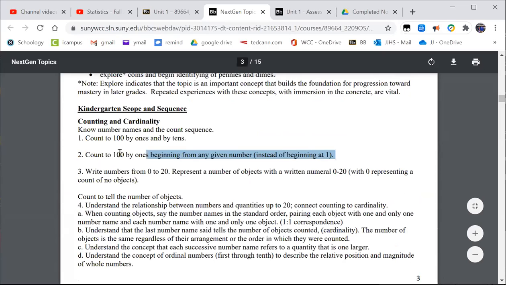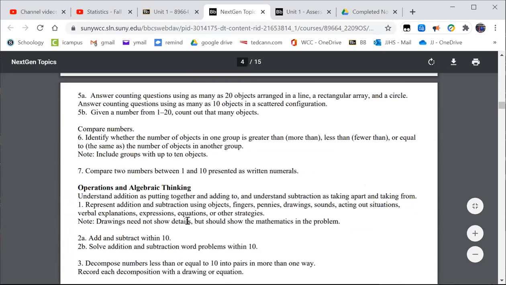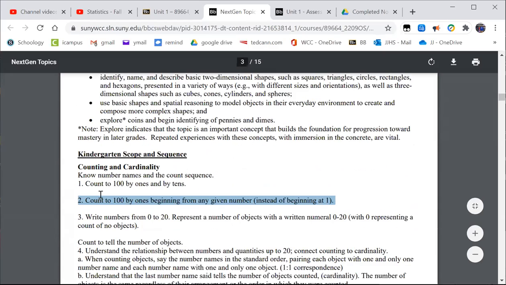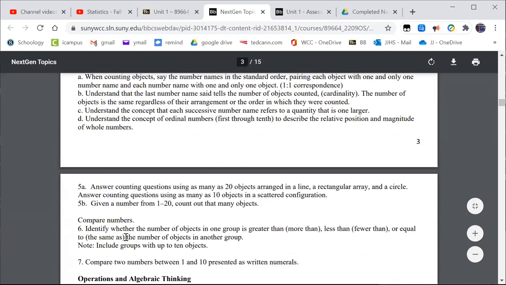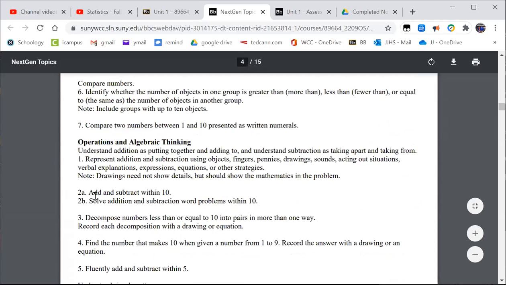So maybe you want your topic to be count to 100 by ones, beginning from any given number instead of beginning at 1. And you can see the prior knowledge would be that they can count to 100 by ones and by tens, right? If it's an A-B kind of situation, you can just choose one of them.